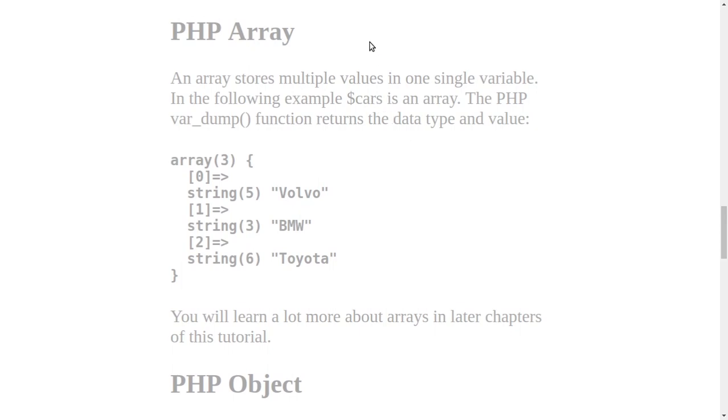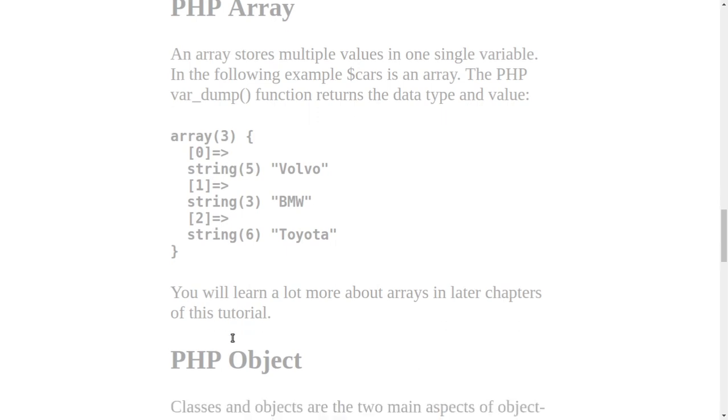The PHP var_dump function returns the data type and value. array(3) { [0] => string(5) "Volvo" [1] => string(3) "BMW" [2] => string(6) "Toyota" }. You will learn a lot more about arrays in later chapters of this tutorial.